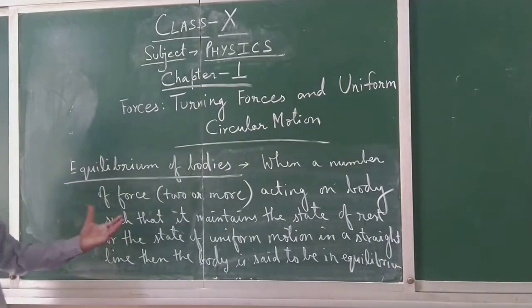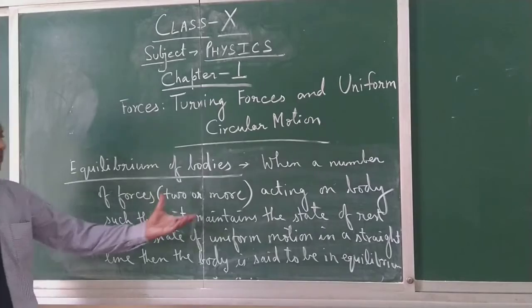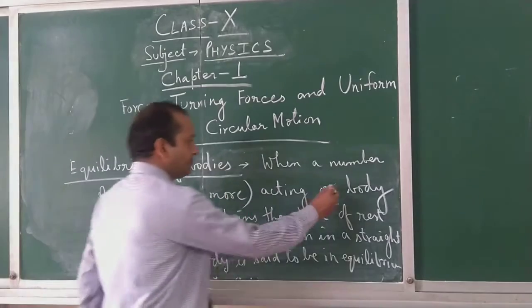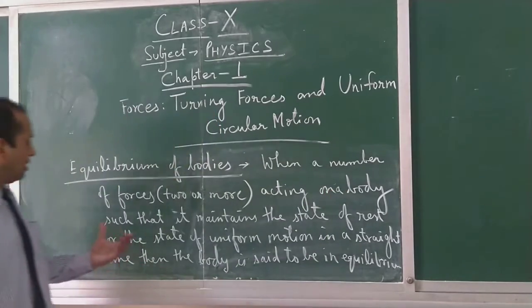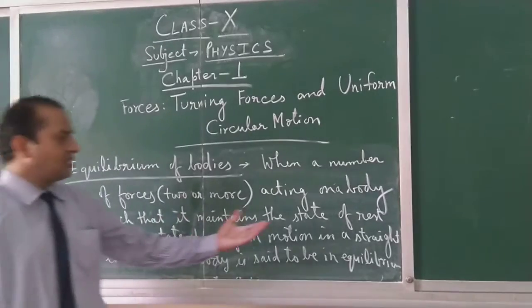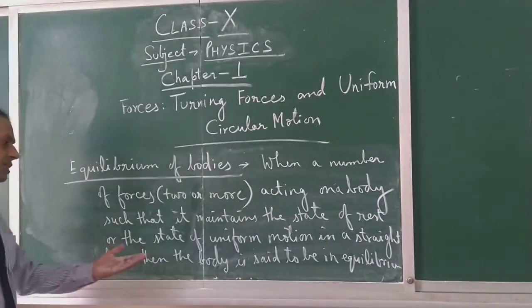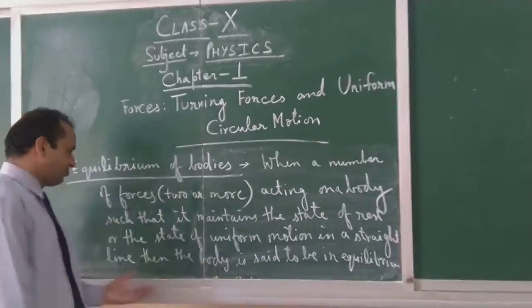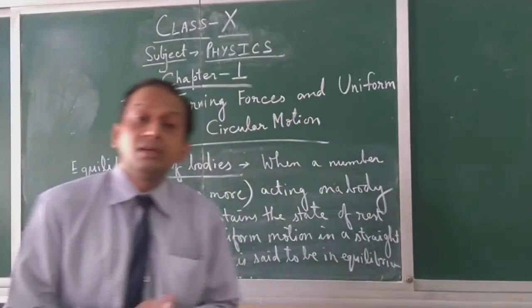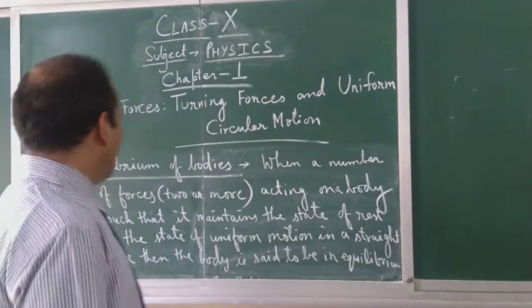When a number of forces, two or more, act on a body such that it maintains the state of rest or the state of uniform motion in a straight line, then the body is said to be in equilibrium.